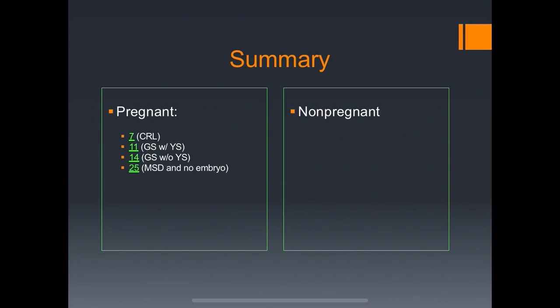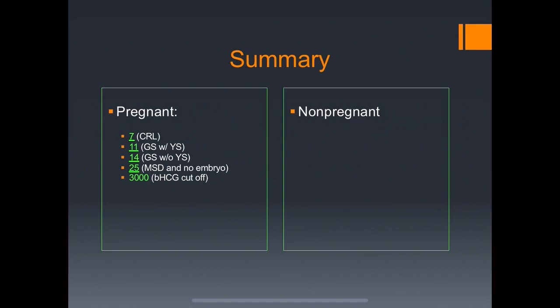If you see an intrauterine gestational sac with a mean sac diameter of 25 or greater without a fetal pole, non-viable. And if you have a beta over 3,000, you normally should see an intrauterine gestation. If you do not, it's most likely an aborted pregnancy. However, it could also be an ectopic of unknown location. So then you must continue following the betas.